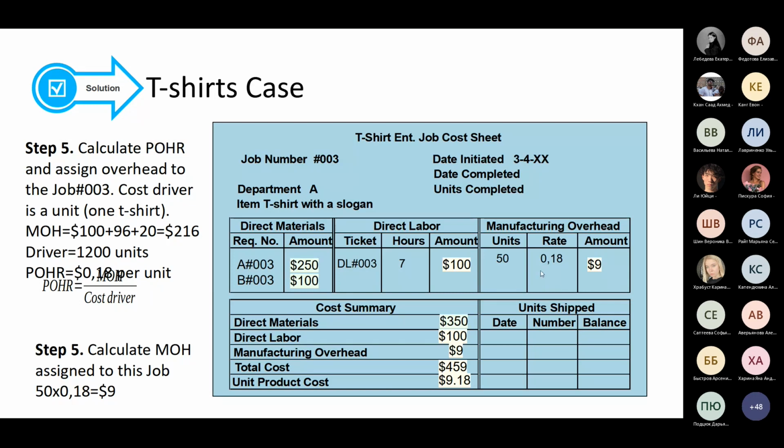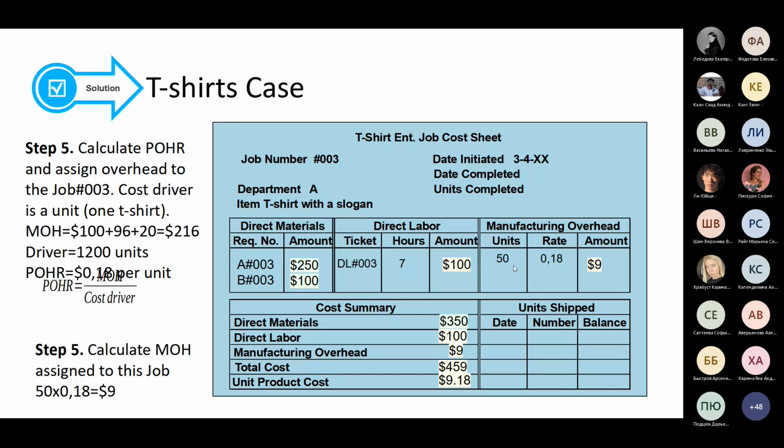You can see this rate. And we multiply the number of units which we make within the particular job by this rate and calculate the overhead amount associated with the specified job. So we can see that $9 of overhead is associated with our job number 203.